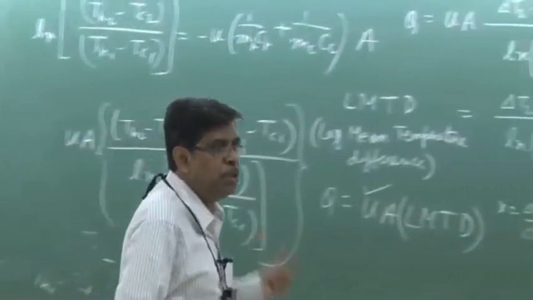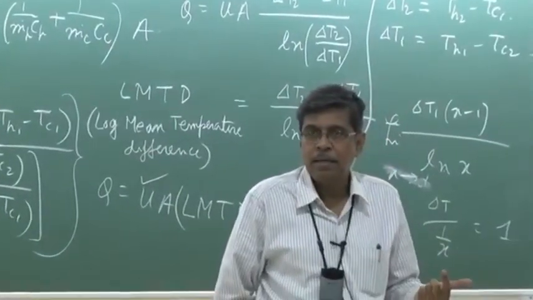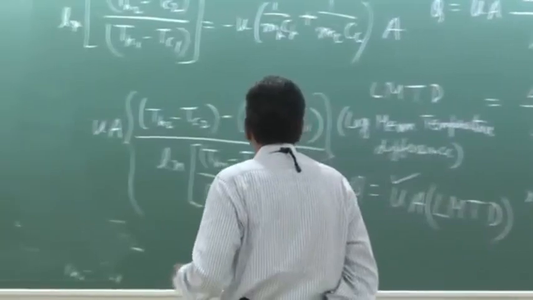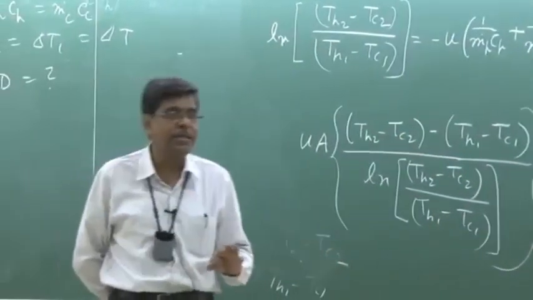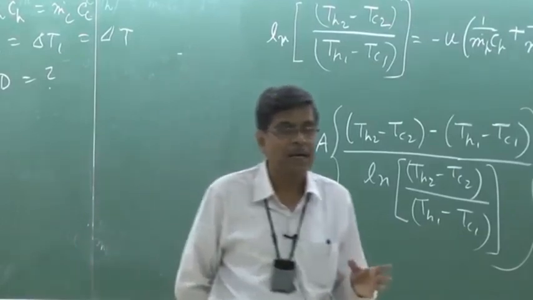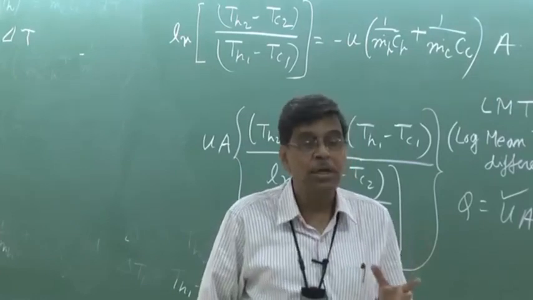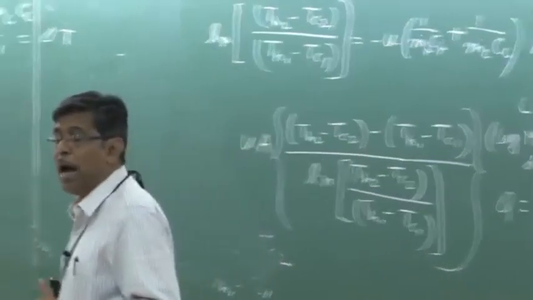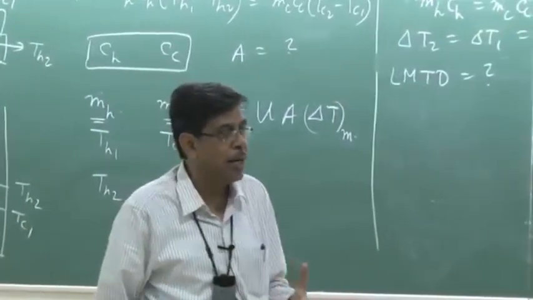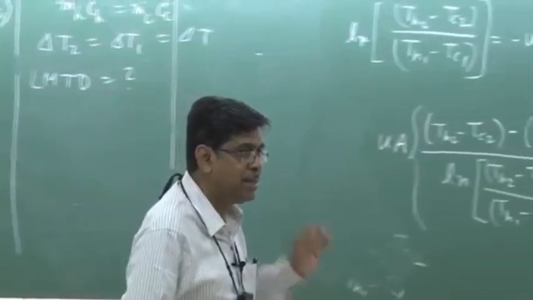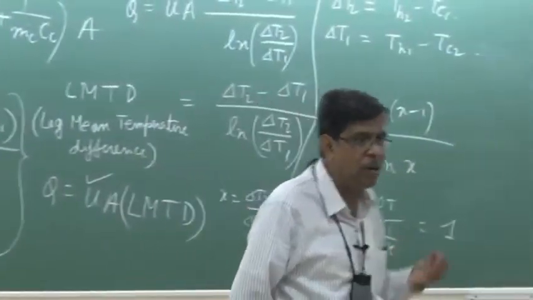We should not use it otherwise, because it will be over predicted. So LMTD and arithmetic average will be within 5% error, provided the ratio of delta T2 and delta T1 is within 2.2, and when exactly this ratio is 1, they coincide with each other. That means arithmetic average is equal to the LMTD, because arithmetic average is delta T1 or delta T2.